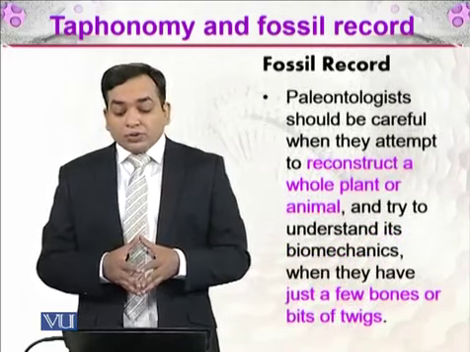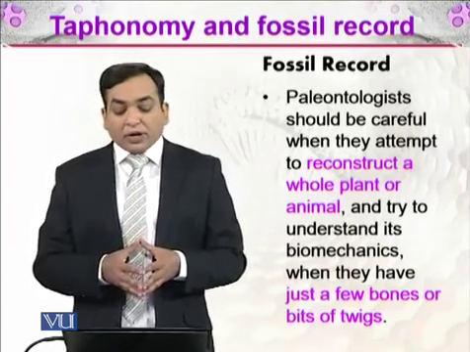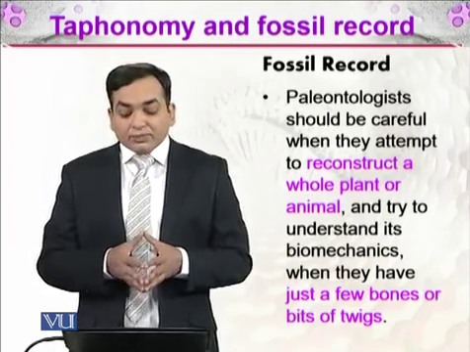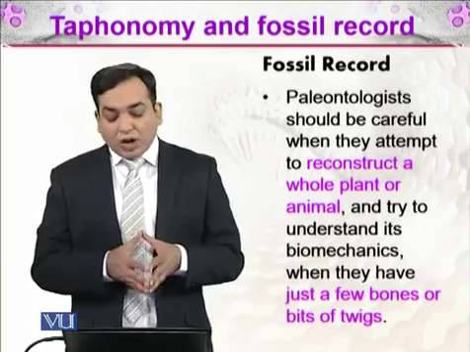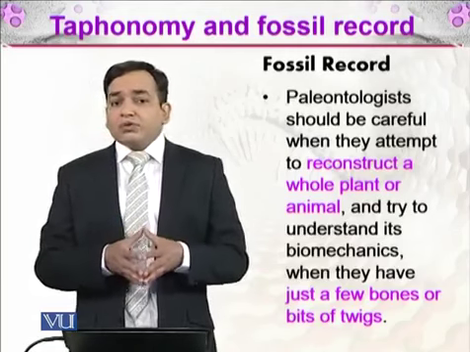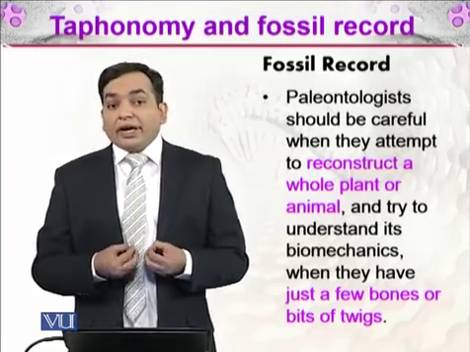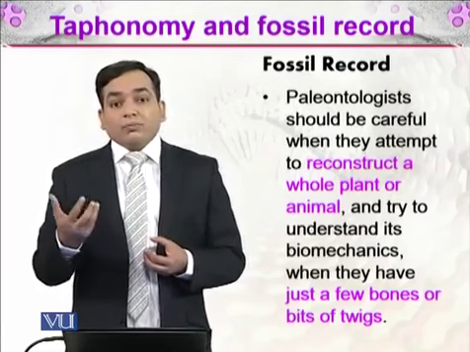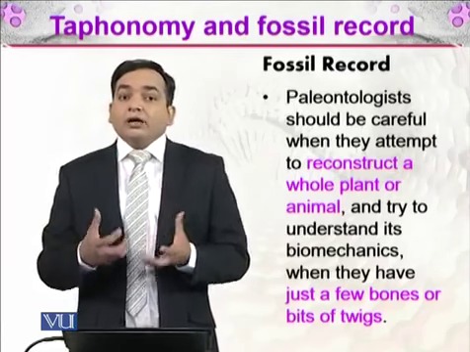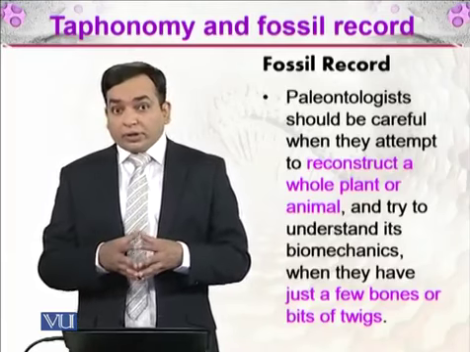Paleontologists should be careful when they attempt to reconstruct a whole plant or animal and try to understand its biomechanics when they have just a few bones or bits of twigs. Biomechanics is a field related to how an organism walks. Now, I have a particular bone of a particular dinosaur, and I am trying to assess how that dinosaur walked.